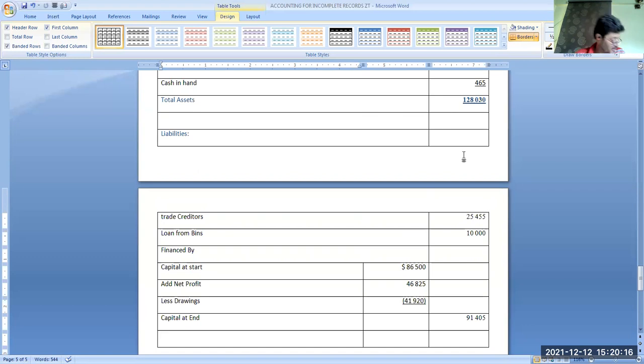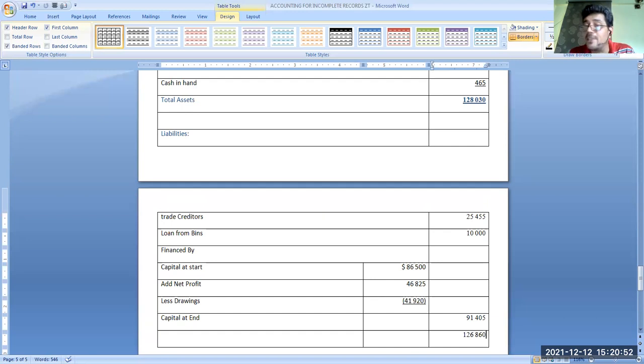Let's see if it's coming. 25,455 plus 10,000 plus 91,405 is 126,860.